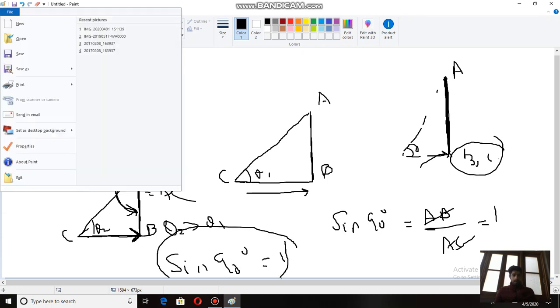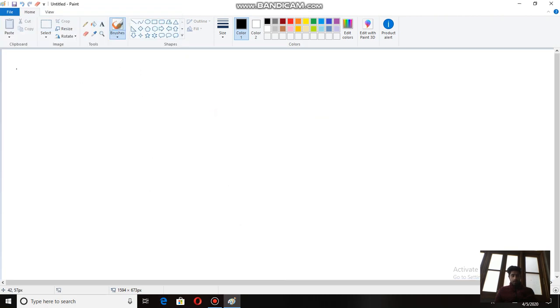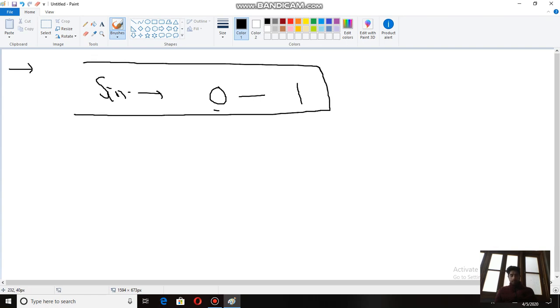I hope it's clear. Now the minimum value for sine is 0, and the maximum value can be 1. This thing is known as range.